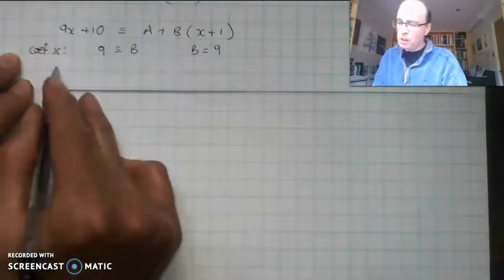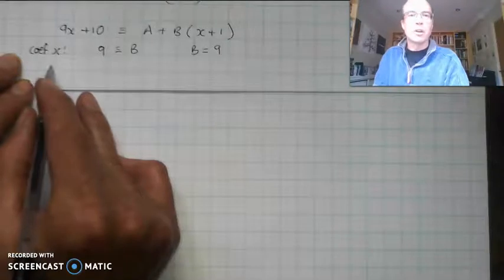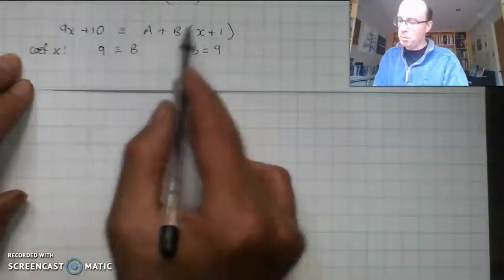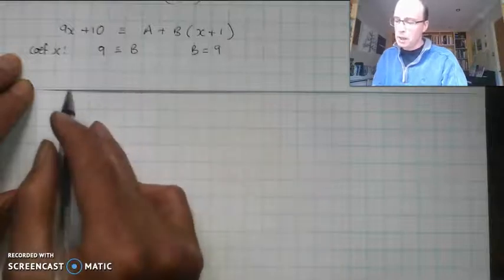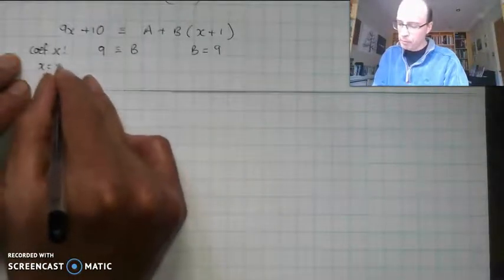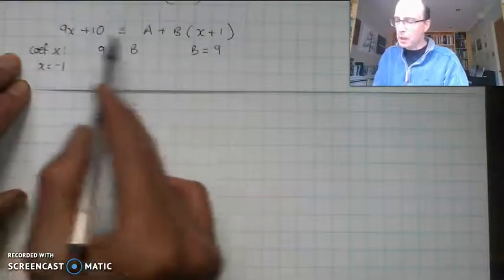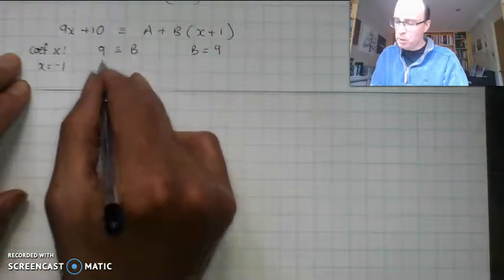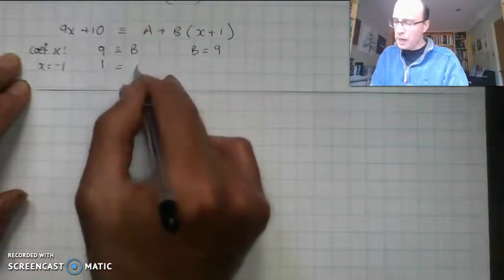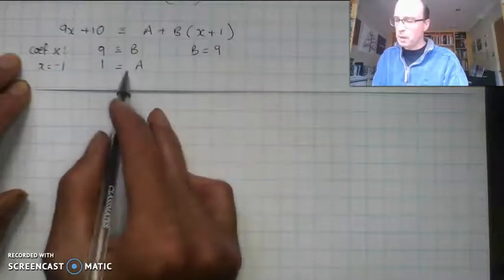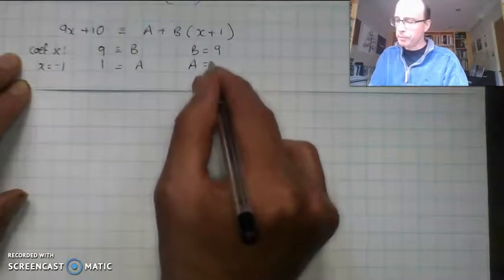And then I can either look at the coefficients of my constants, so I could equate 10 with a plus b, or I could substitute x equals negative 1. Let's have a little look at that. On the left I've got negative 9 plus 10, which is equal to 1. I've got a. Why did I pick negative 1? Well, that bracket's disappeared, so I'm left with a equals 1.